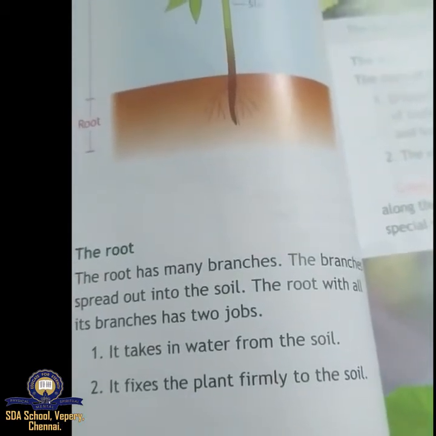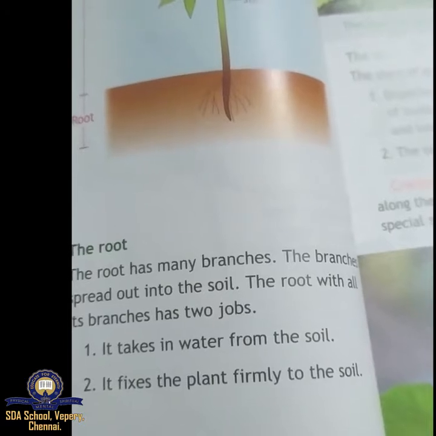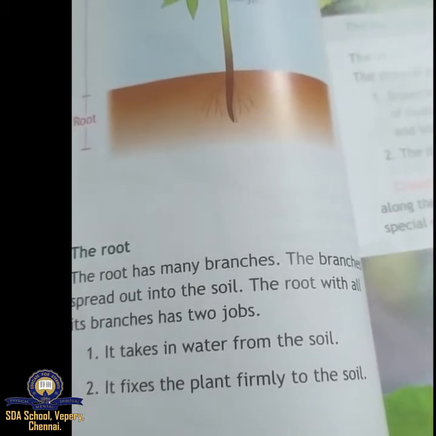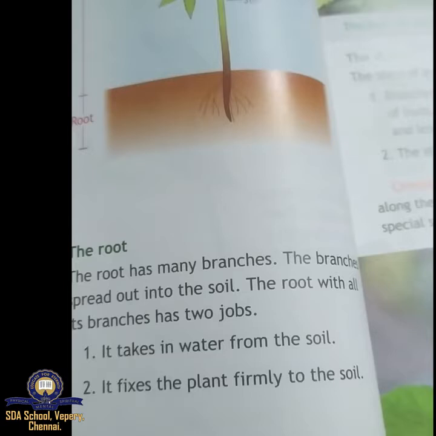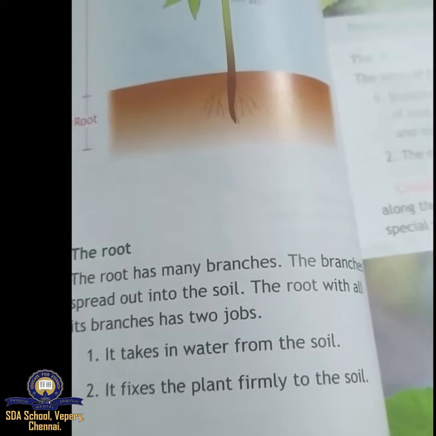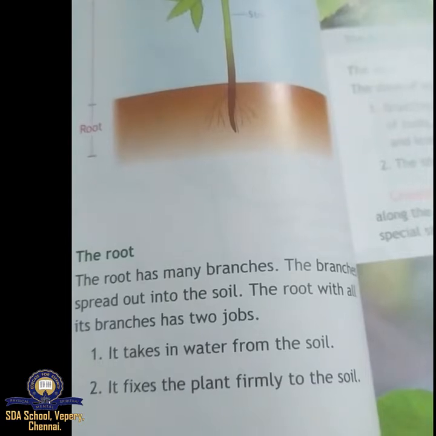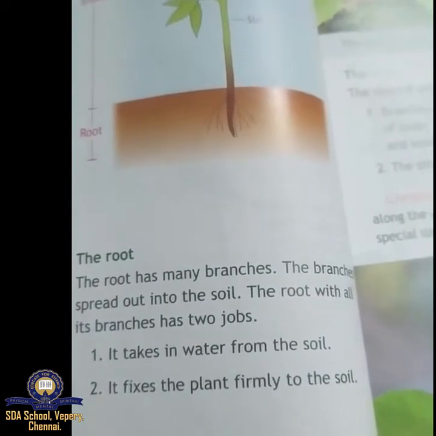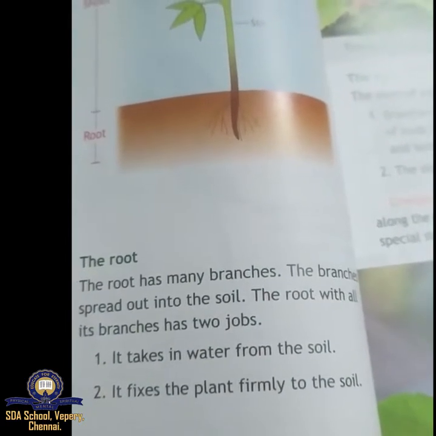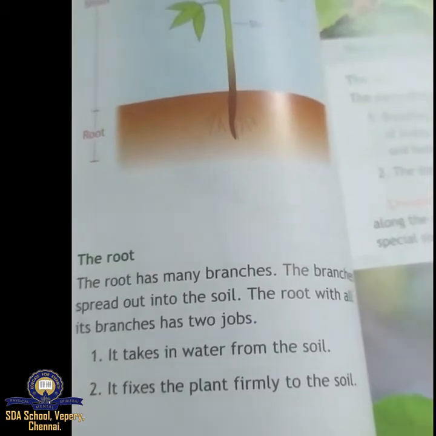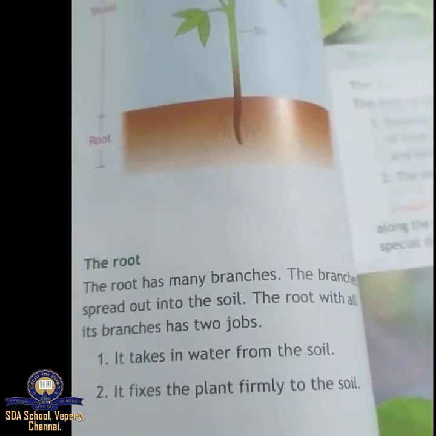And second, it fixes the plant firmly to the soil. Without root, the plants cannot live. It is the basis of the plant. We can say in another way, it is the blood of the plant.